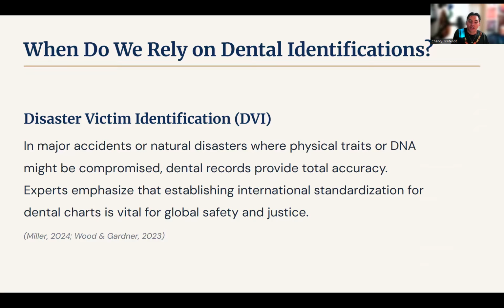In major aviation accidents, explosions, or sudden natural disasters, traditional physical features can be completely obliterated, and standard DNA sources are often compromised. In these intense mass casualty scenarios, forensic dental records step in as the best and primary method to restore names to remains.